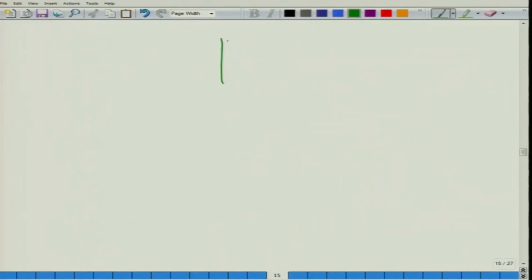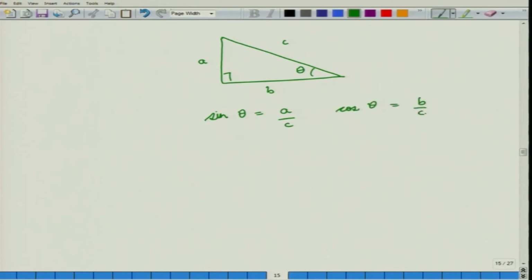Now, let us look at one other relation. We have sin theta equals A upon C, cos theta equals B upon C. Now, let us look at sin square theta plus cos square theta.